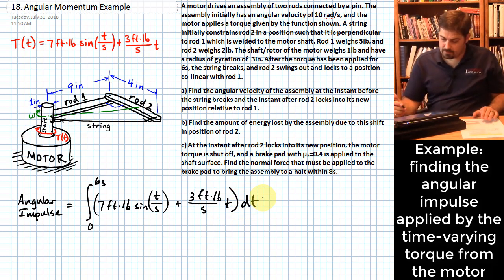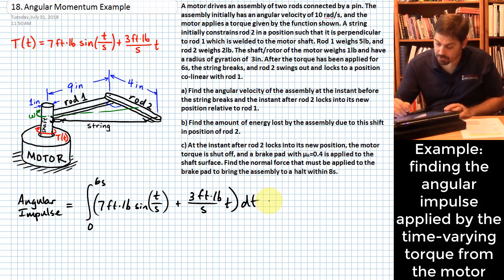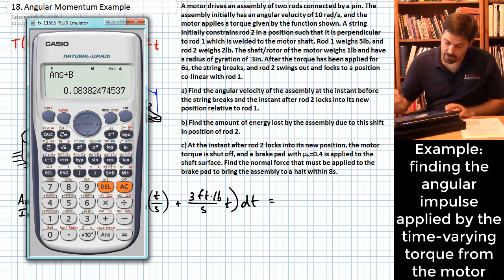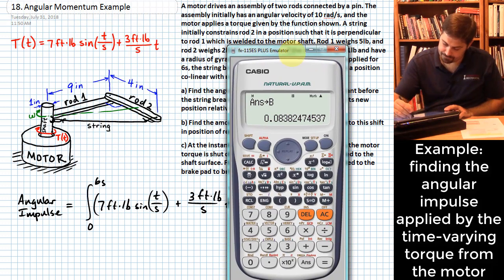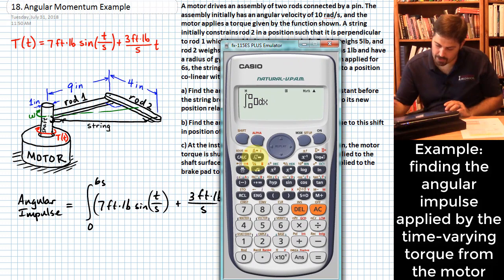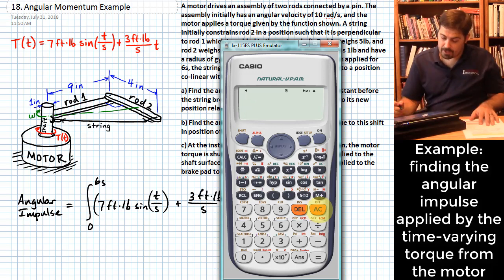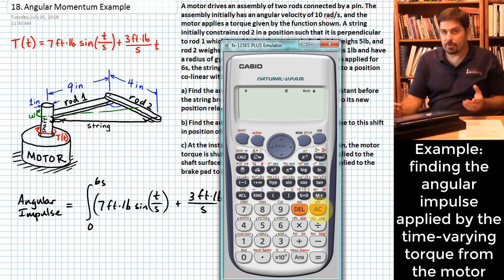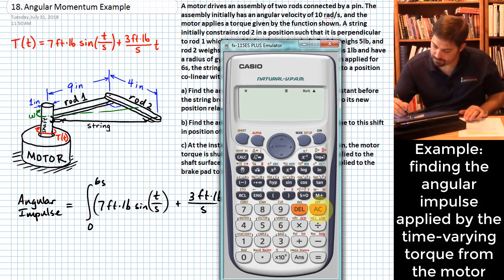There isn't that much that we need to do with this before we plug it in to our calculator. We have 7. Oh, actually there is one thing we do need to do. Keep in mind that anytime you are using a function like a sine function, it's good to have your calculator in radian mode in order for it to work properly.